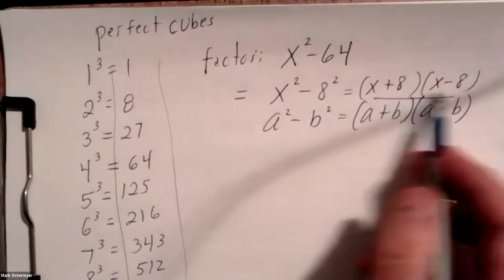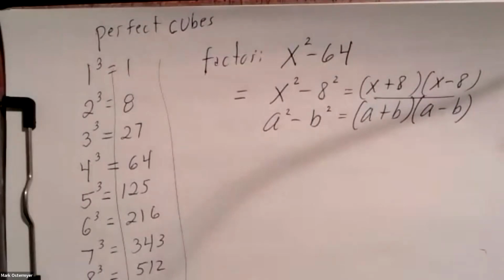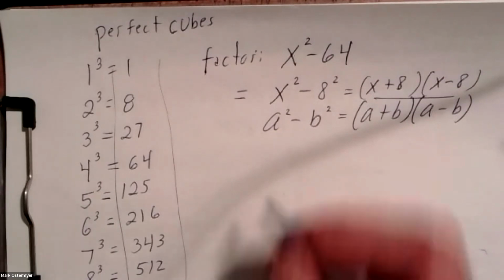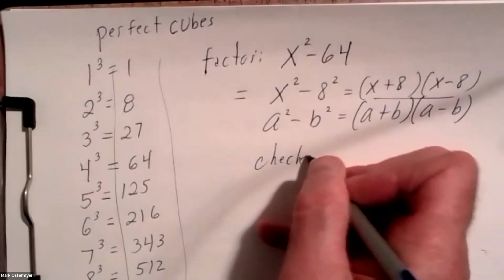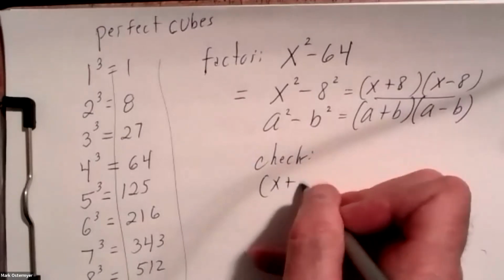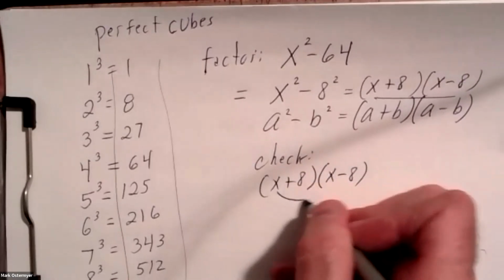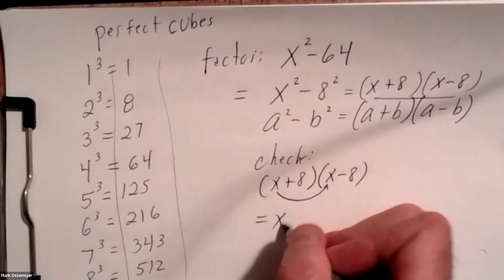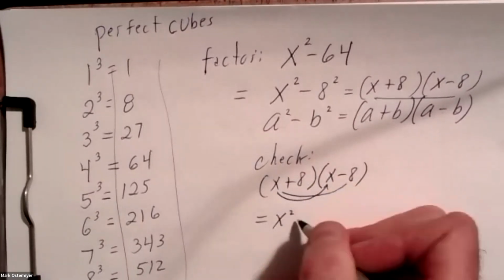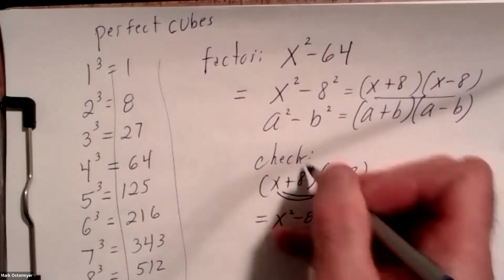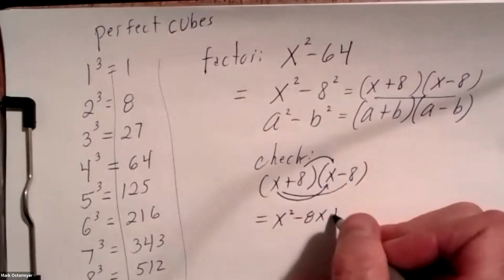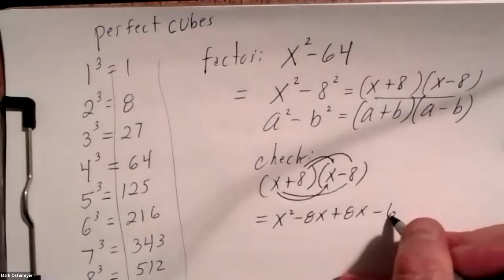And that's it, ladies and gentlemen. That is the factorization of that difference of squares: x plus 8 times x minus 8. And if you were to check your answer, it should work out. If you take x plus 8 and multiply it by its conjugate, x minus 8, we get x times x is x squared. X multiplied by negative 8 is minus 8x. 8 times x is plus 8x. 8 times negative 8 is minus 64.